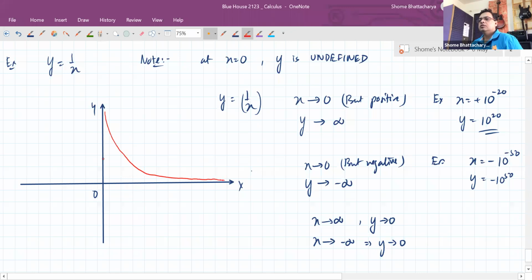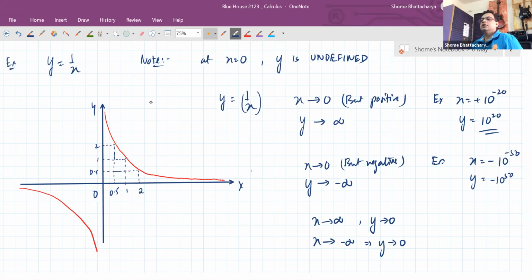Okay, whereas the negative part of the domain is like an inverted mirror image of this. Same kind of graph, but inverted mirror image.